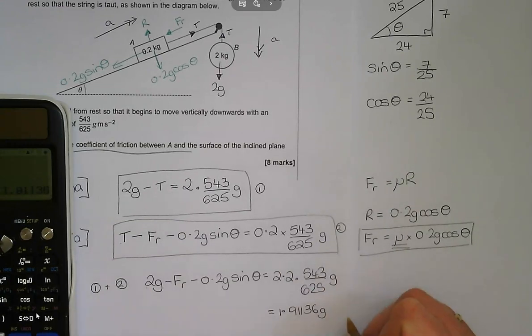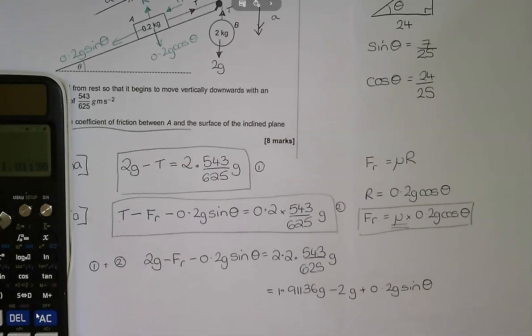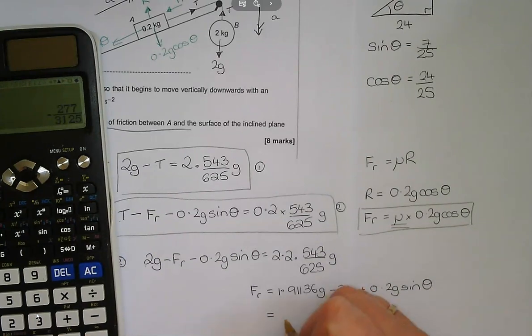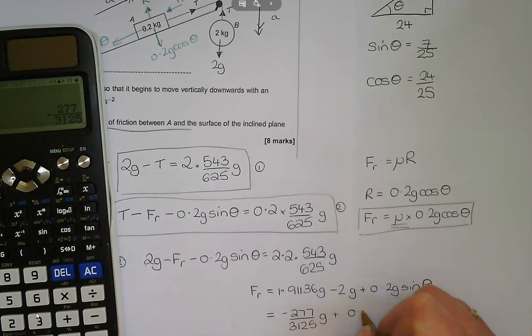And I'm going to take that 2g over to the other side, so take away 2g, add 0.2g sine theta, and that will give us the friction. All those added together, so we've got 1.91136 minus 2 lots of g. Oh, these numbers are awful. So minus 277 over 3125 lots of g plus 0.2g sine theta.